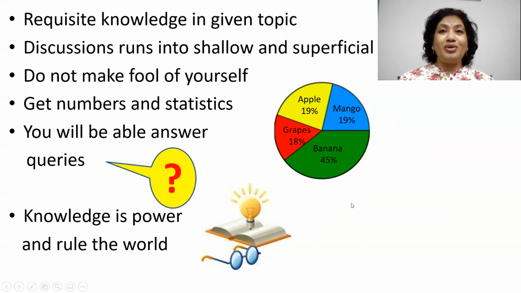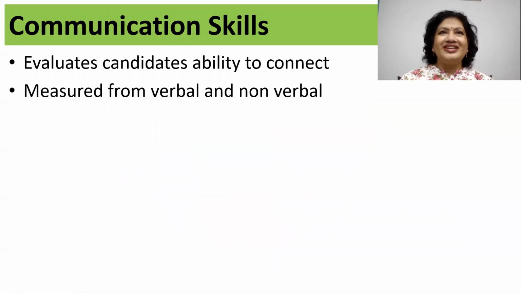If you are able to explain this with the statistics, that also outshines what you are speaking, and you will be able to answer the queries. From where did you get this graph? What survey did you do for getting this graph? Because you have done it, you will know the answer. And knowledge is power, and it rules the world.